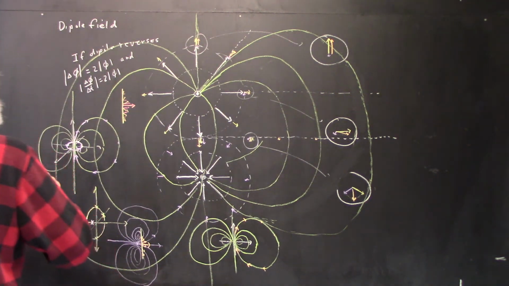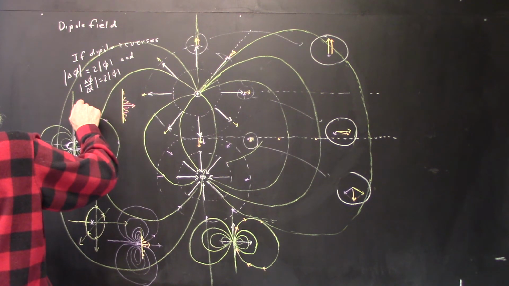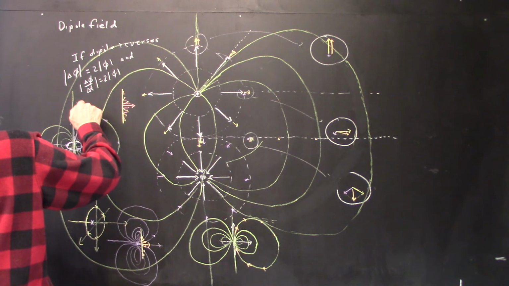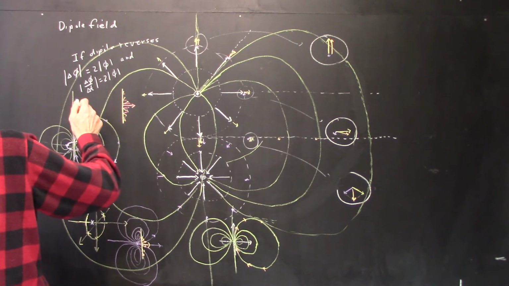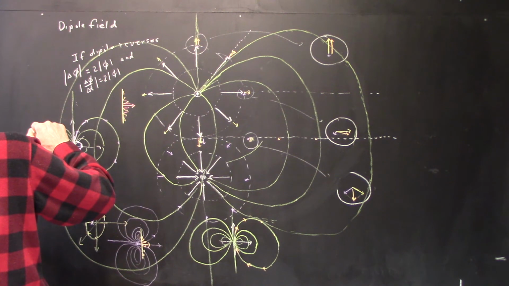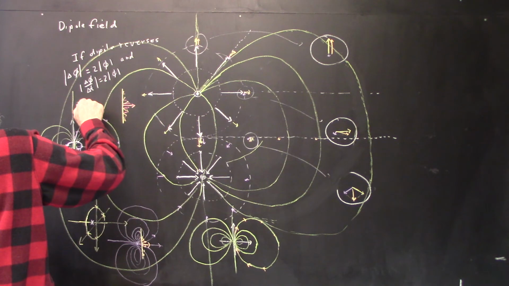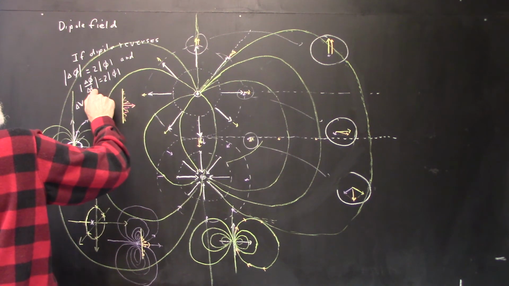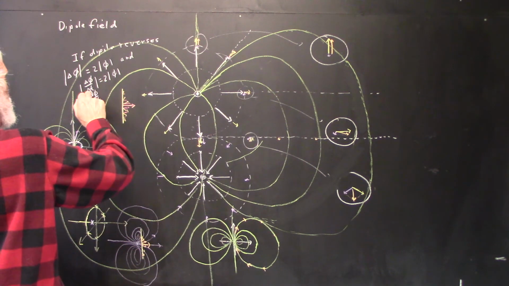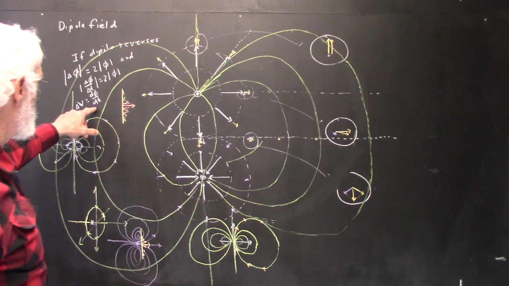And your electric field, well, your potential difference at any instant is the rate of change of your flux with respect to time.